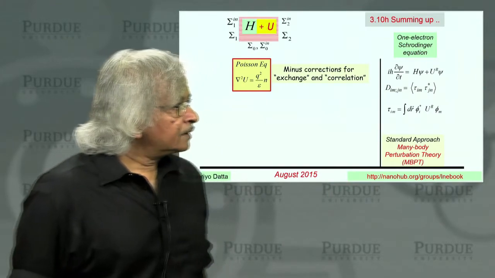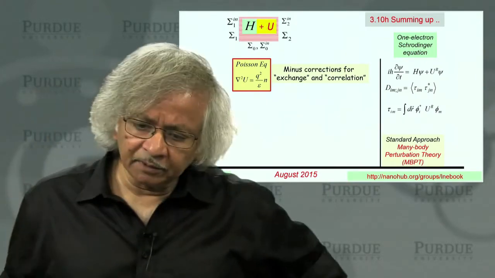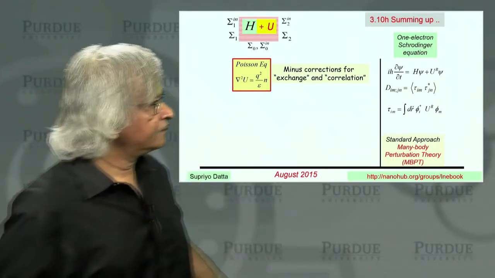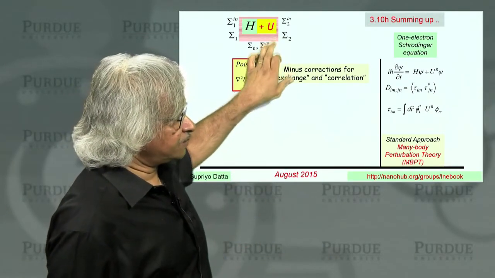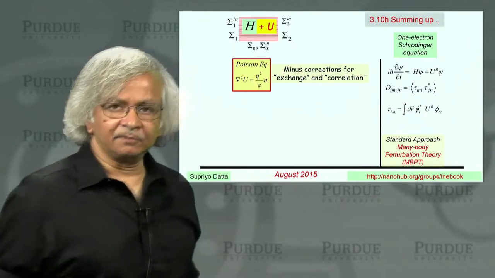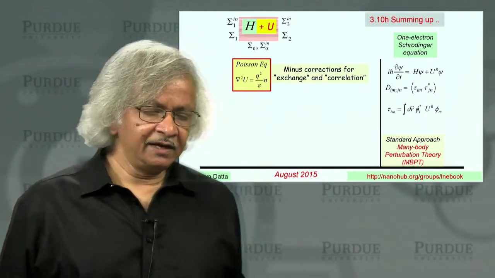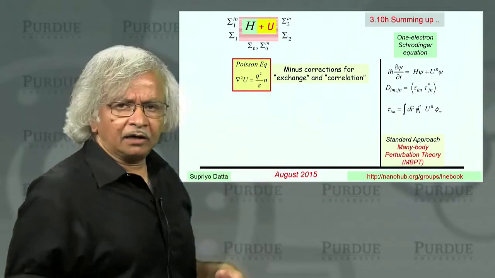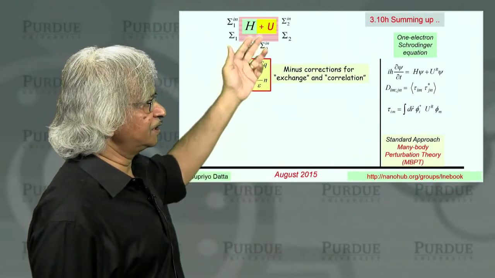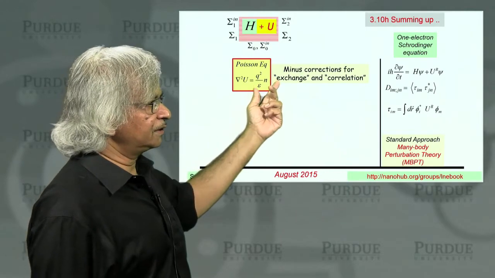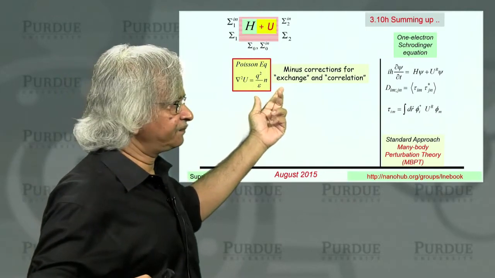Now, another case where people need to calculate these potentials is this self-consistent potential due to charging effects. And this is again part of standard device analysis, that you have to include the potential U due to the change in the electron density.